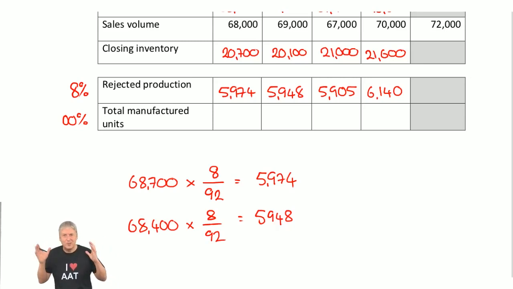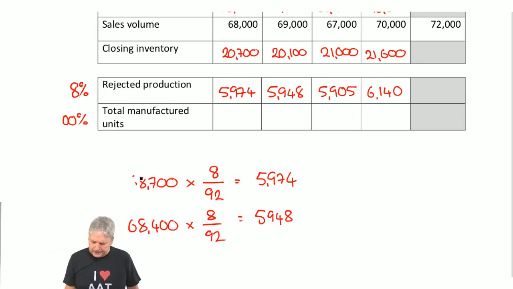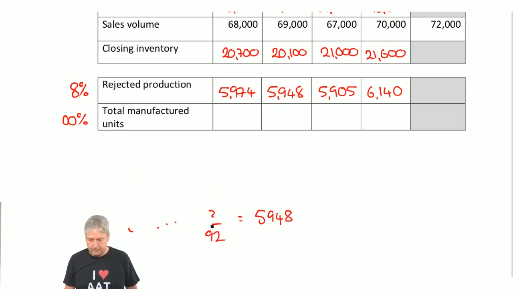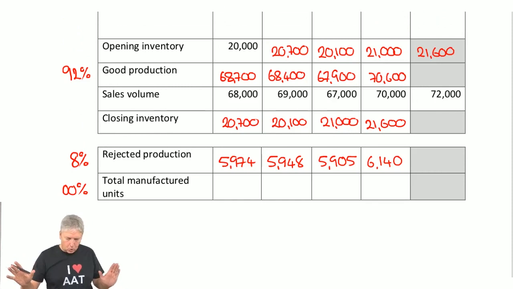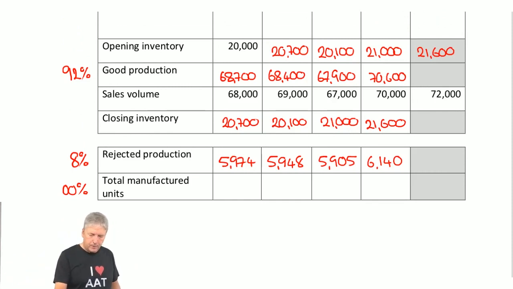easy to pick the wrong numbers, because the final thing that we want to do is to get the total manufactured units. And if we're looking for the total manufactured units, let's just get rid of all this because it's annoying me. What we've got to do is make sure that we add the two appropriate columns together.